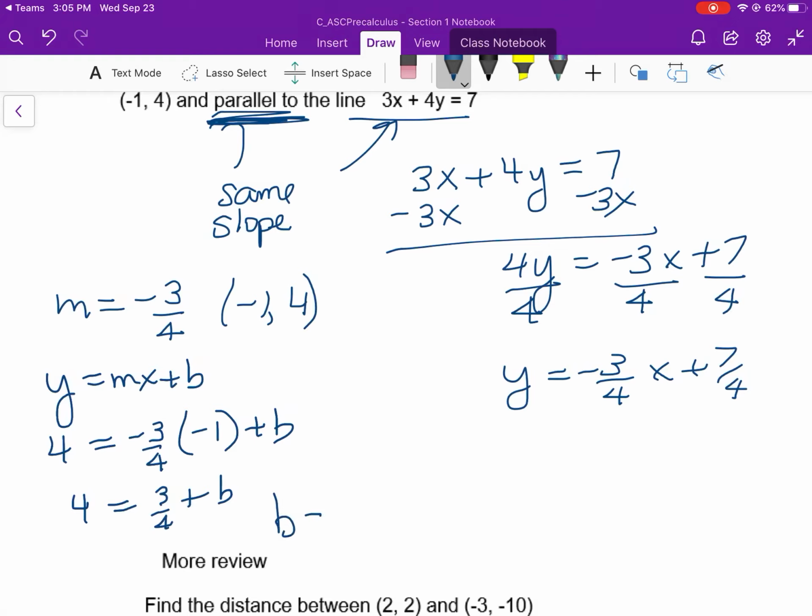So that means b is equal to 13 over 4. So my final answer is y equals, no, not 13 over 4, the slope, silly, negative 3/4 x now plus 13 over 4. And that's the way you have to type it into my math lab.